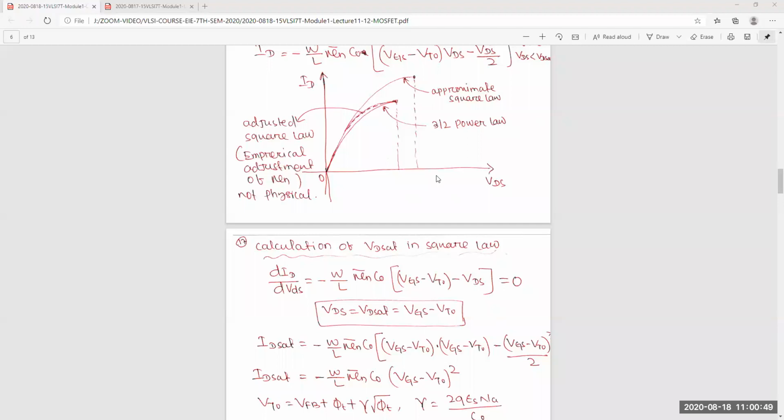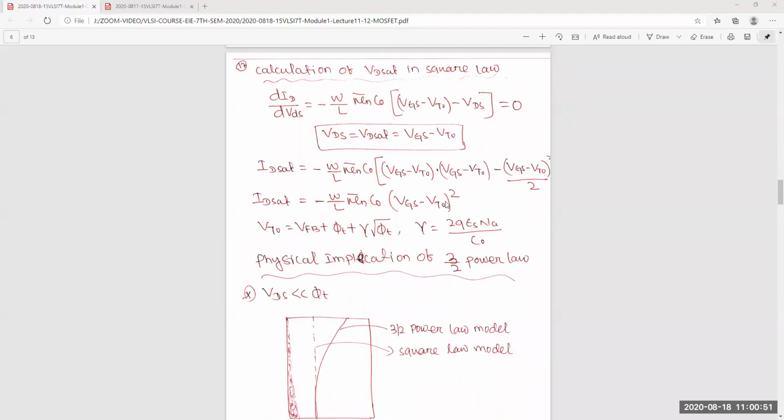Okay, so clear. Now this is your final equation, and you know that VT is 0. There is no body bias, no substrate bias. So V flat band plus phi t plus gamma, and gamma is root over, I think.